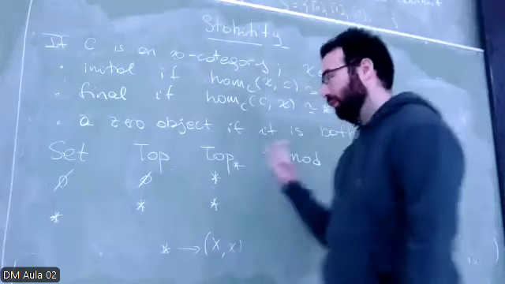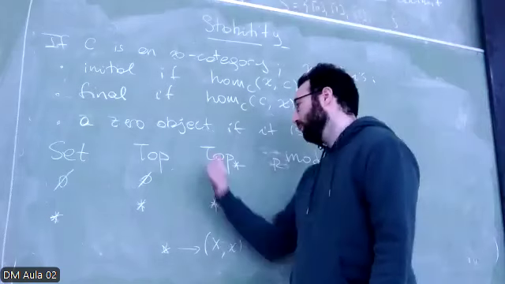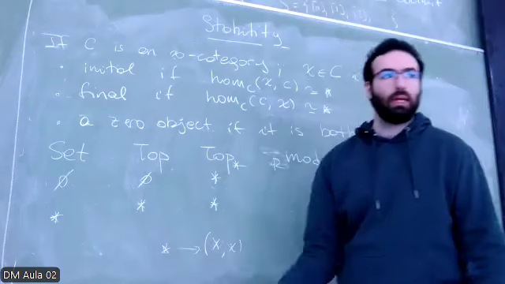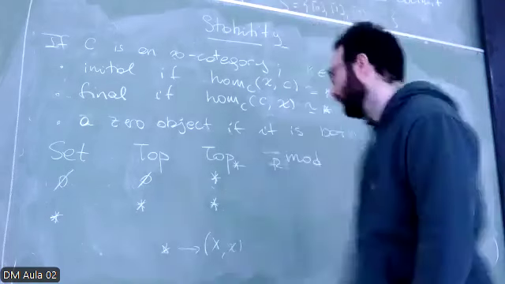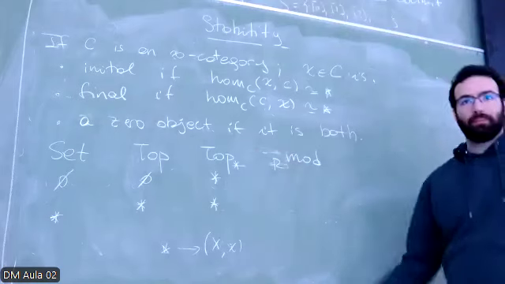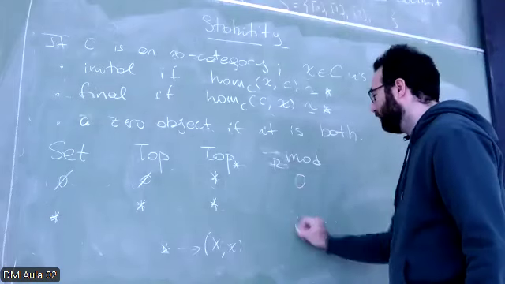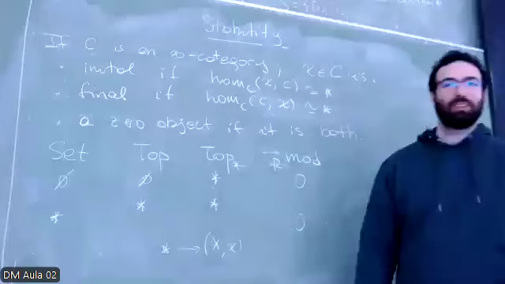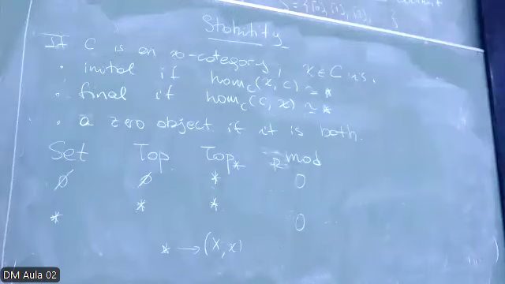And this is, in fact, something one can do always. If you have a final object, then you can consider a pointed version of your category, and you now have a 0 object. Essentially in this way. And well, for modules, 0 is a 0 object, as you would expect.